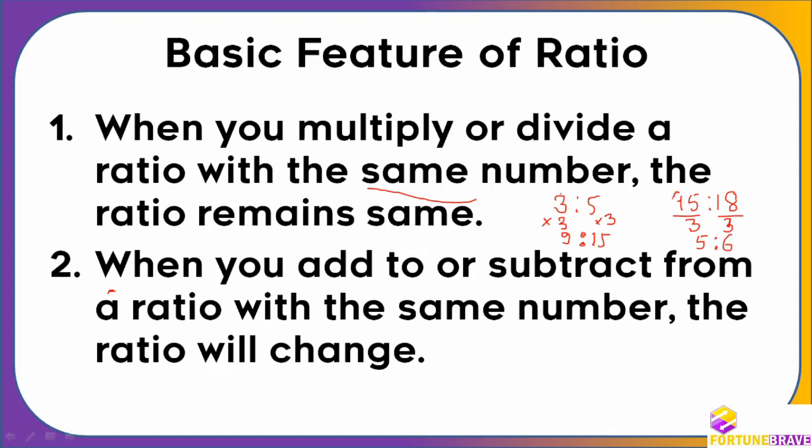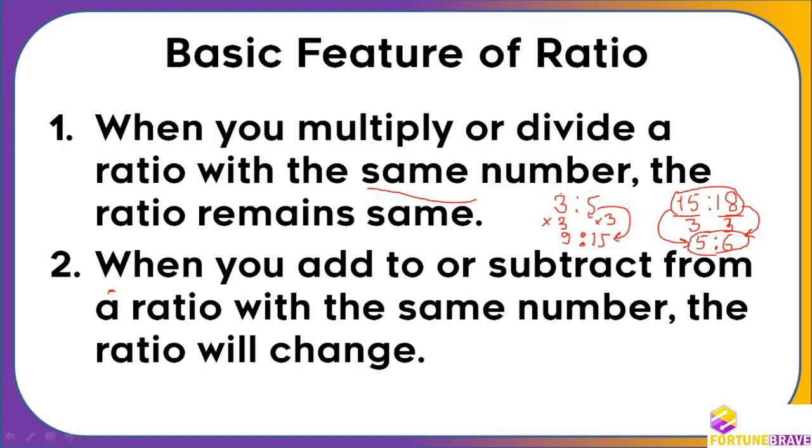So 15 is to 18 is equal to 5 is to 6, and this is what is proportion, my dear friend. When we come to that tomorrow, we'll discuss it. So these two are the same ratio. There is no difference between these two ratios. The comparison is the same.